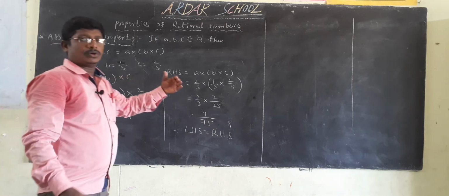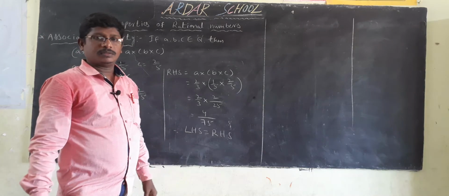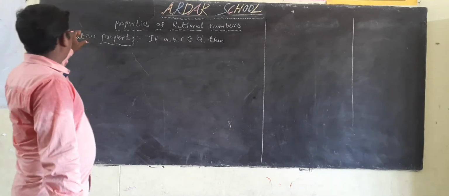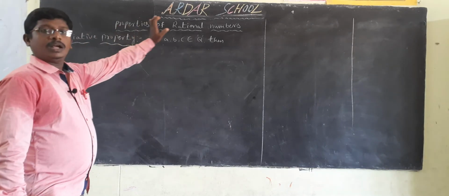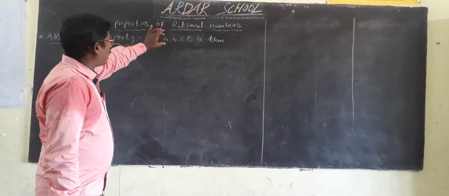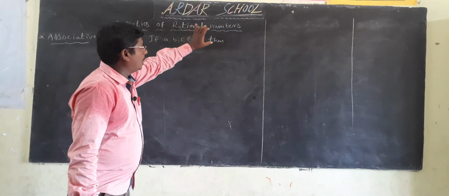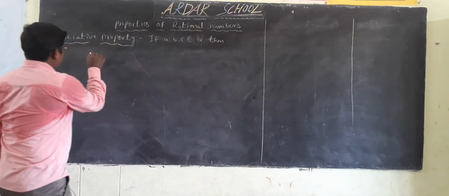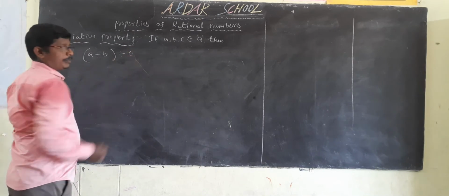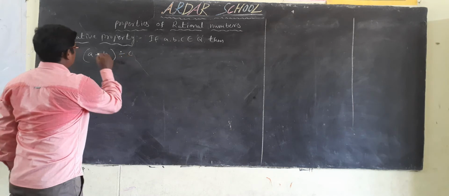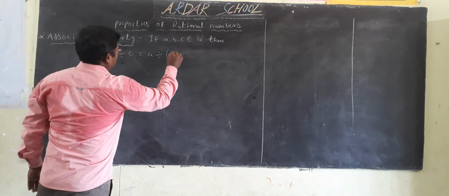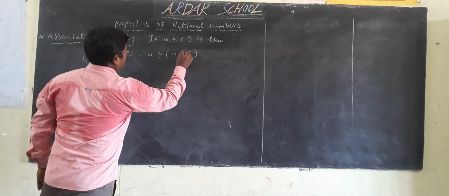Next, let us go to the associative property under division. The definition of the associative property under division is: if a, b, c belong to Q, then a divided by b divided by c is equal to a divided by b divided by c.